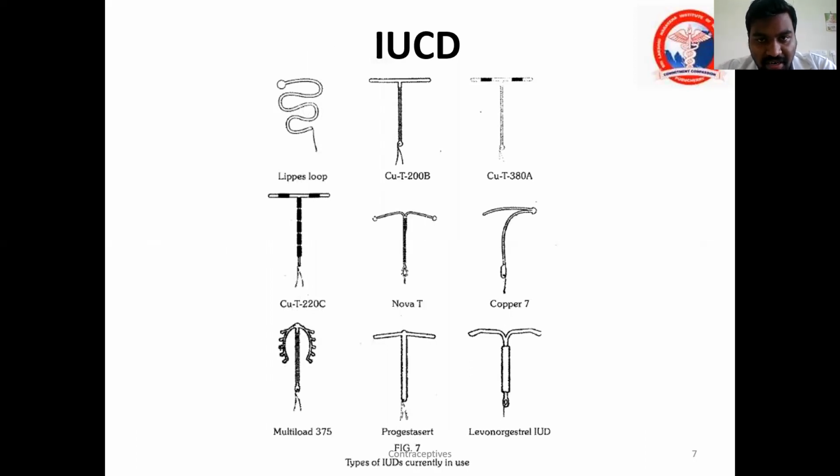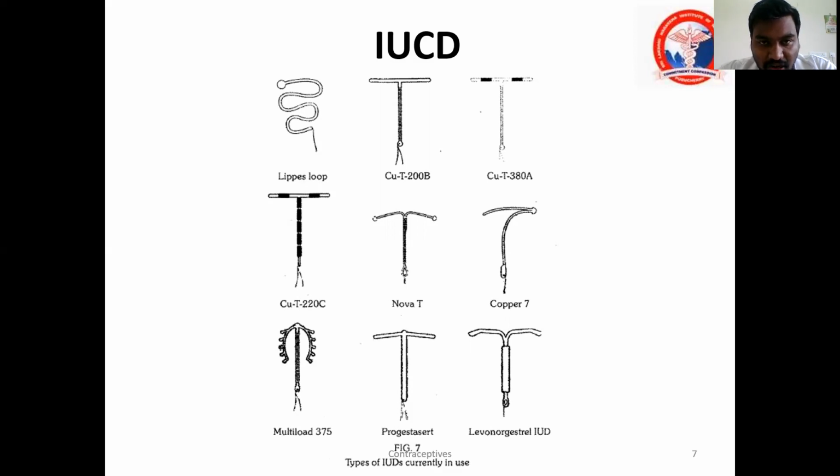Now, second, under intrauterine devices, there are 3 generations. First generation, as in this figure, the loop is the first generation. It is a non-medicated device. Second generation devices are Copper T, which comes as 220, 375, 380. They are all medicated with copper. And the last generation is hormonal.